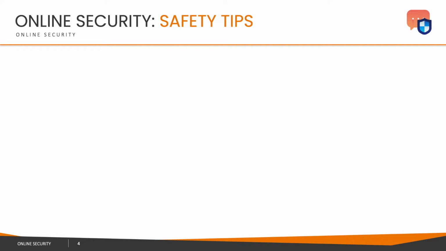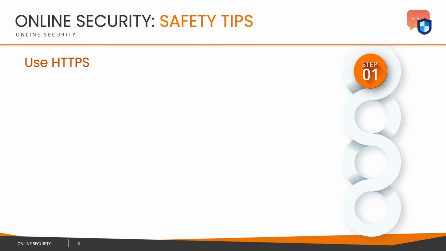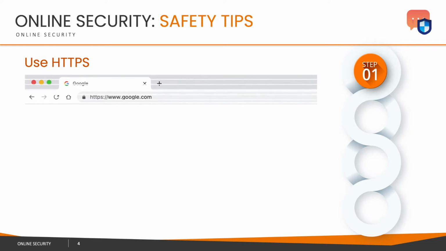Let's have a look at some of the precautions that you can take to avoid these kinds of issues. Well, the first step is that you should always make sure that the website that you're visiting is using HTTPS and not HTTP. If you see the URL for any website, you should always have this S, and if there is an S, you would also see this lock icon.